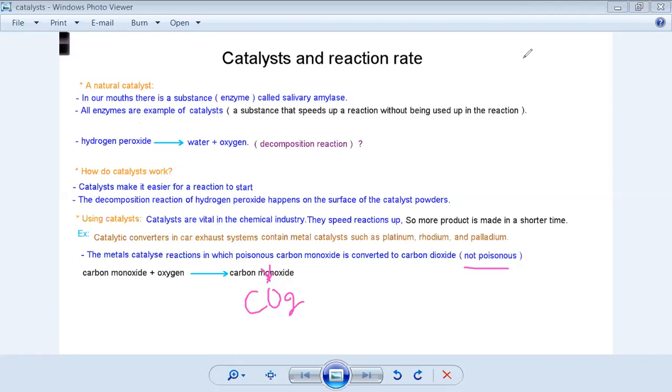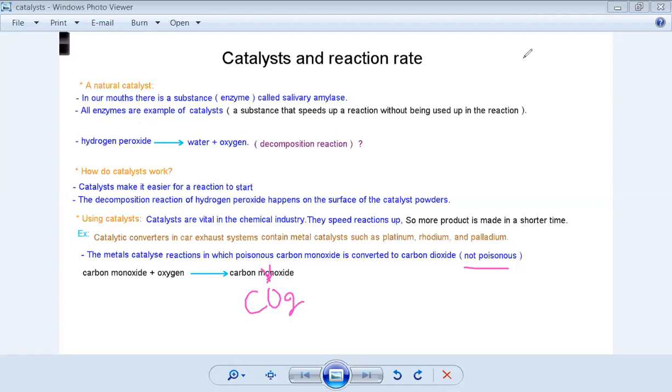And we studied also how hydrogen peroxide decomposes into water and oxygen, which is breaking down into water and oxygen. This is by natural catalyst. And how can we speed up the reaction using another chemical catalyst such as manganese oxide and lead oxide? Also, we studied how catalysts work by speeding up the reaction, because the reaction is happening on their surfaces. So they make it easy to start.